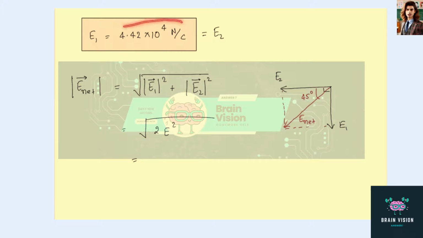E is the magnitude of any of the electric fields that we have just calculated. So it will be equals to square root of 2 multiplied by E1. So it will be 4.42 into 10 raised to the power 4 Newton per coulomb. Okay, so this comes out to be 6.25 into 10 raised to the power 4 Newton per coulomb. So it is the magnitude of the net electric field.